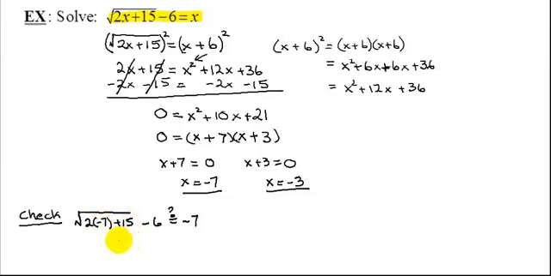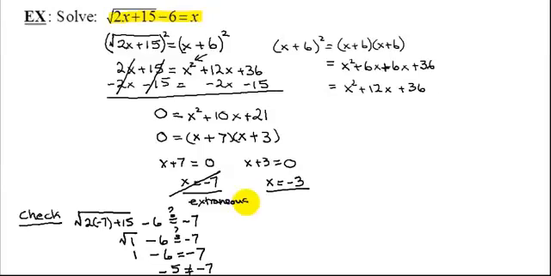Negative 14 plus 15 is 1, so is the square root of 1 minus 6 equal to negative 7? Remember, the square root of 1, when it's written with the radical sign, means pick the positive square root. So is 1 minus 6 equal to negative 7? Definitely negative 5 does not equal negative 7. Therefore, this is an extraneous solution.